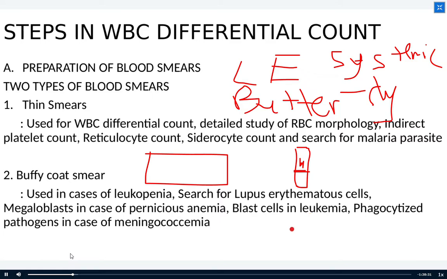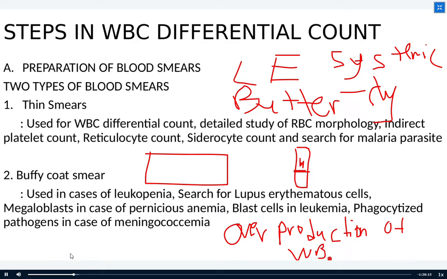In leukemia, you have an overproduction of WBCs. Now, when you produce a lot of WBCs, sa sobrang dami niya, even the young cells can easily be seen. And then phagocytized pathogens in case of meningococcemia.